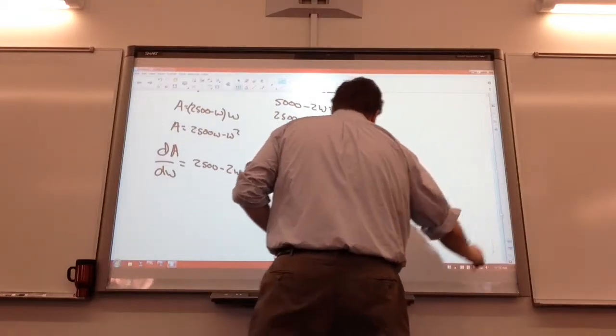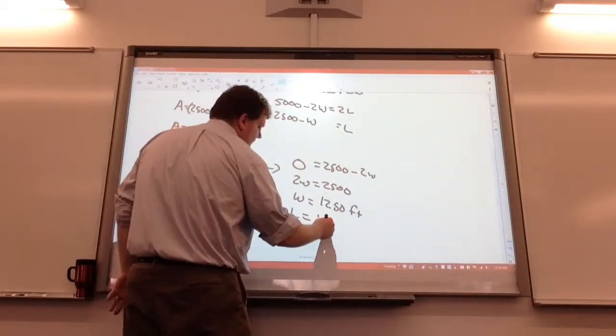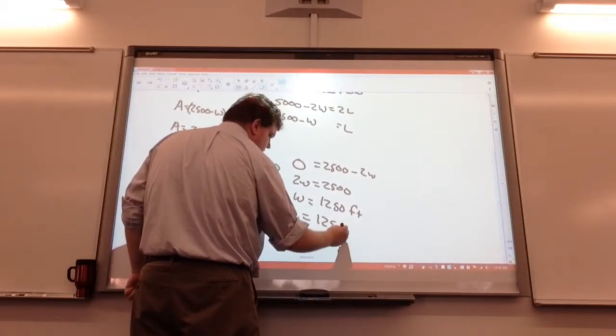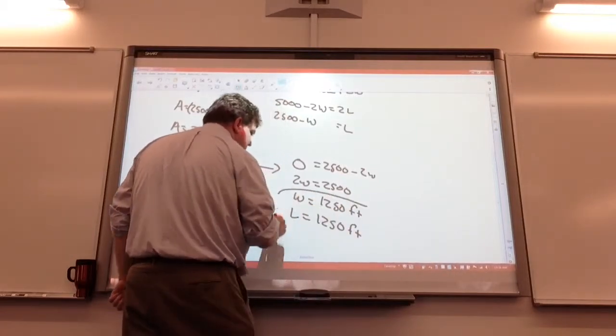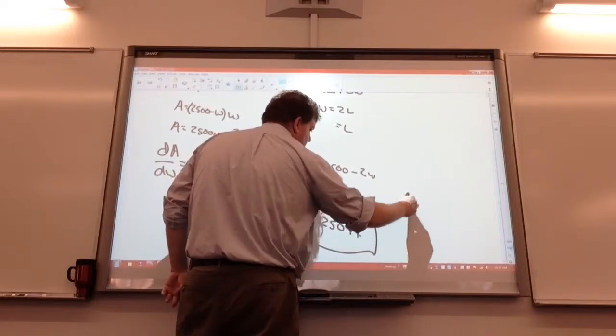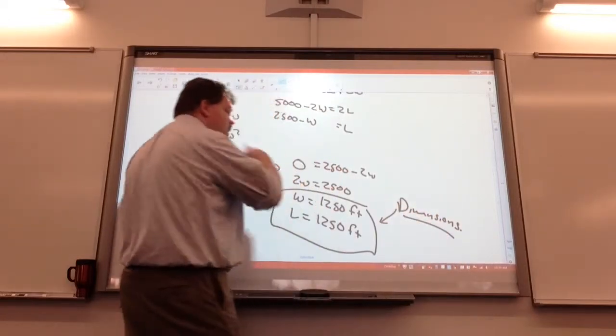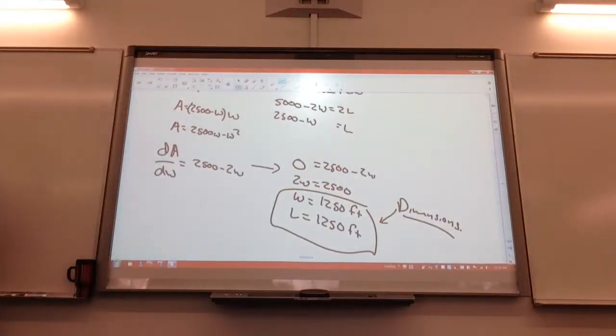So our dimensions are as such. Here are our dimensions. Those are the dimensions that optimize the area of the cow pen. So we're going to make it 1,250 feet by 1,250 feet.